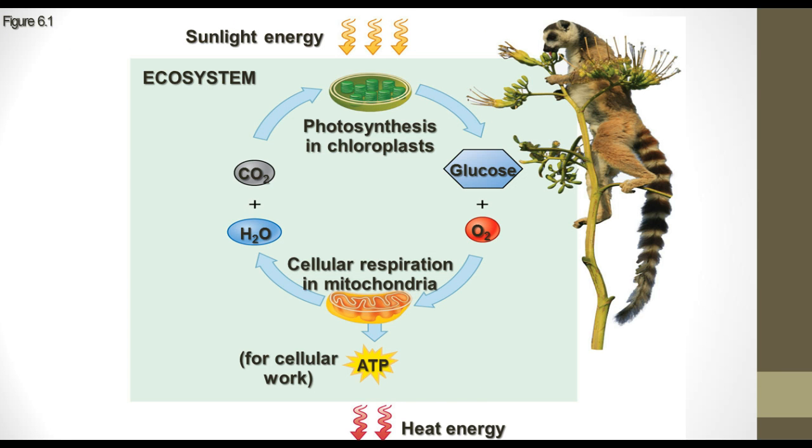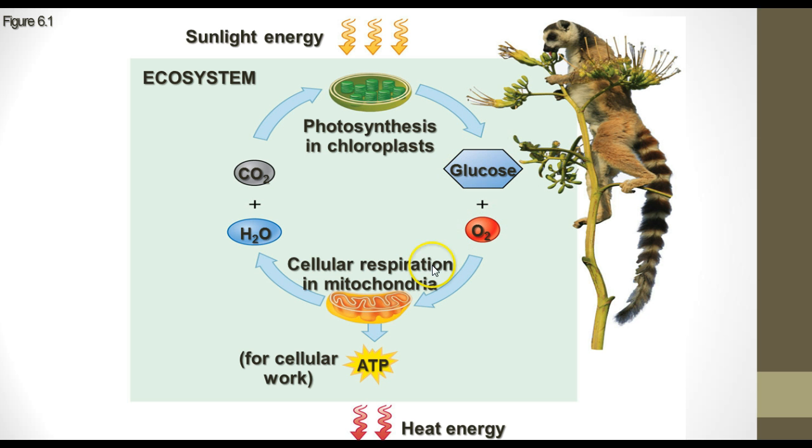So just to summarize, we have the sunlight. Remember, the energy in an ecosystem passes through the ecosystem, whereas the matter in the ecosystem is recycled within the ecosystem. So the energy from the sun is used by chloroplasts to make glucose. That's the matter, using carbon dioxide and water, and oxygen.